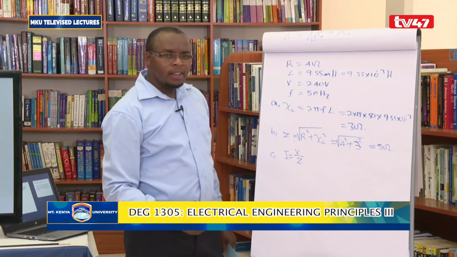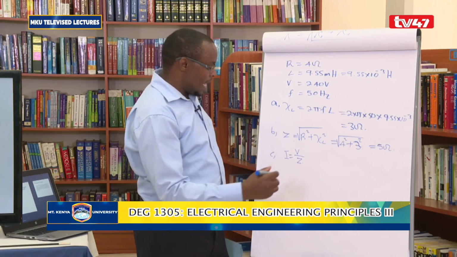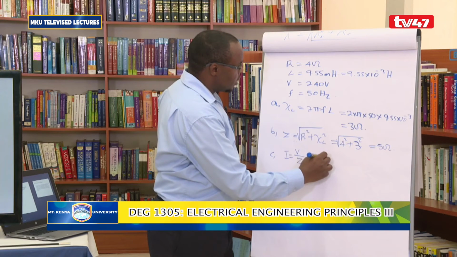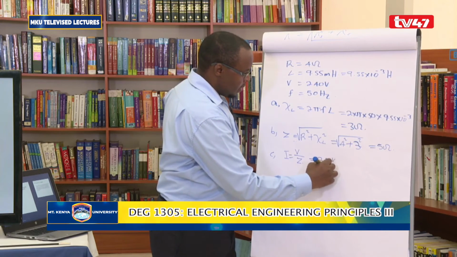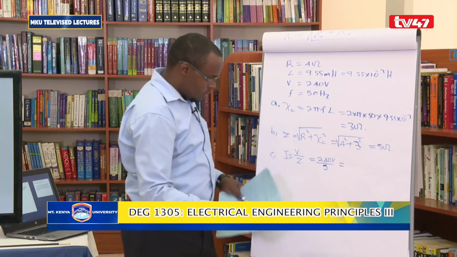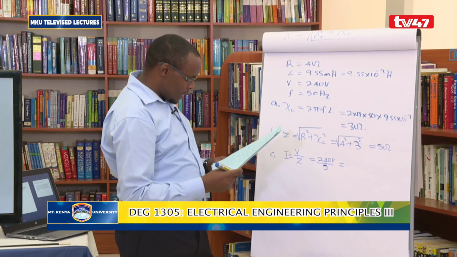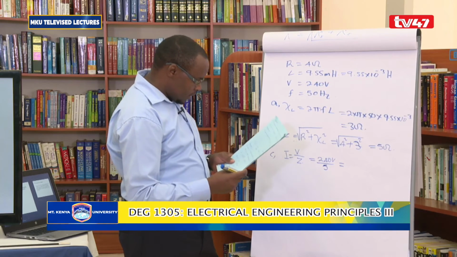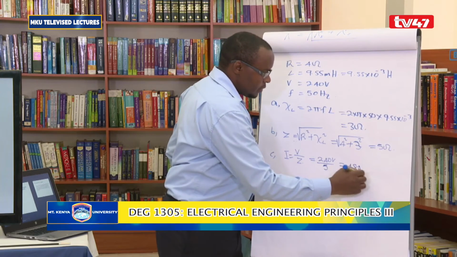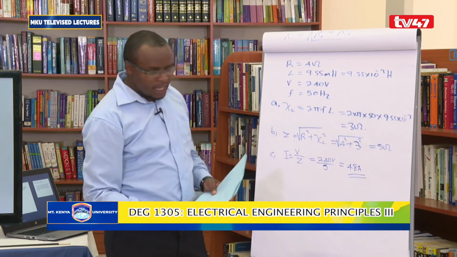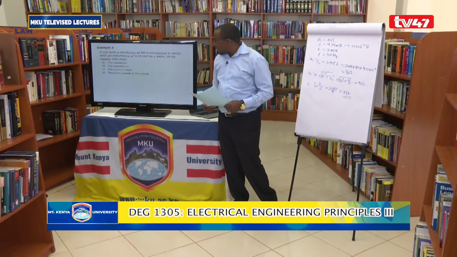Impedance is the total opposition to the flow of current, and therefore this is 240 volts divided by the impedance, which is 5, and this gives us a value of 48 amperes.